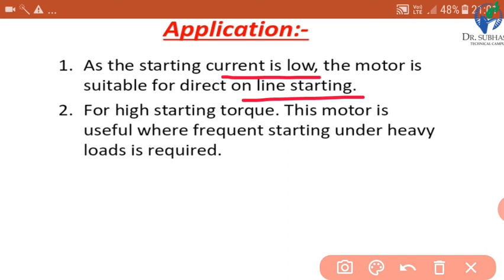It means if the requirement is high starting torque, and where frequent starting under heavy load is required, in this type of applications the double cage induction motor is useful.